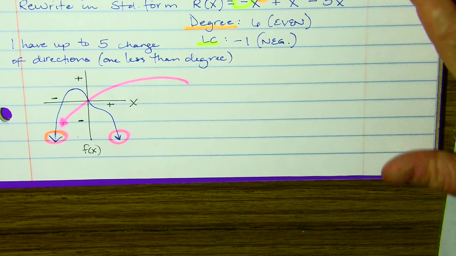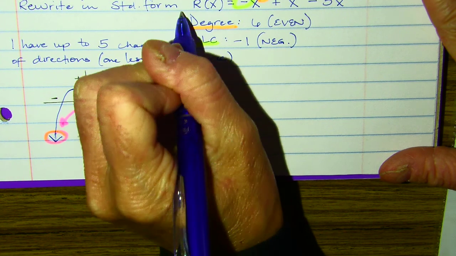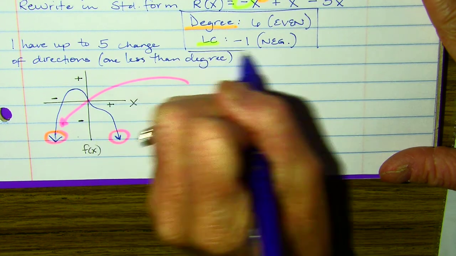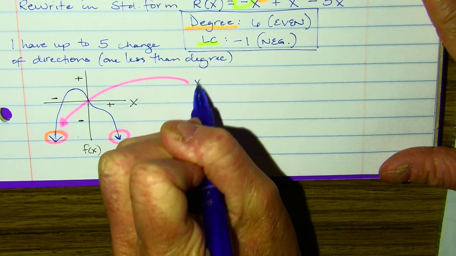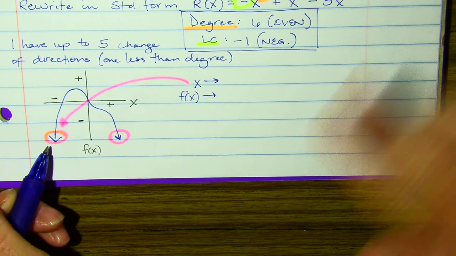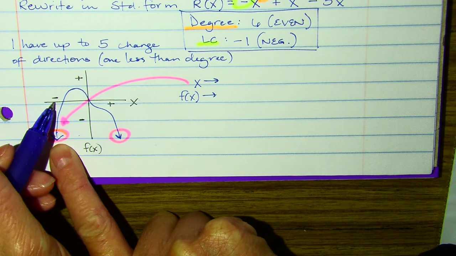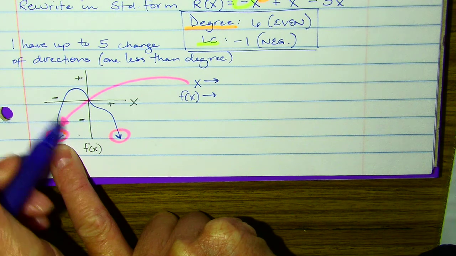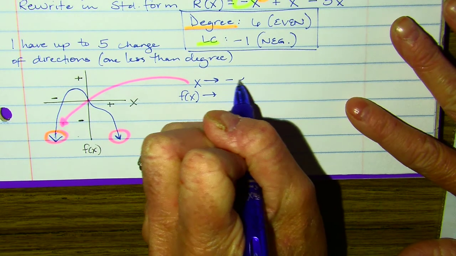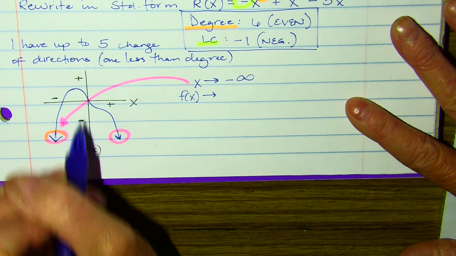Okay. So I have x, and let me go ahead and circle these because it did ask us to identify those. Let's talk about where x is approaching and where f of x is approaching. So if I'm in quadrant 3, both x and y are negative. So x is approaching negative infinity because it's moving to the left, and f of x is down below.